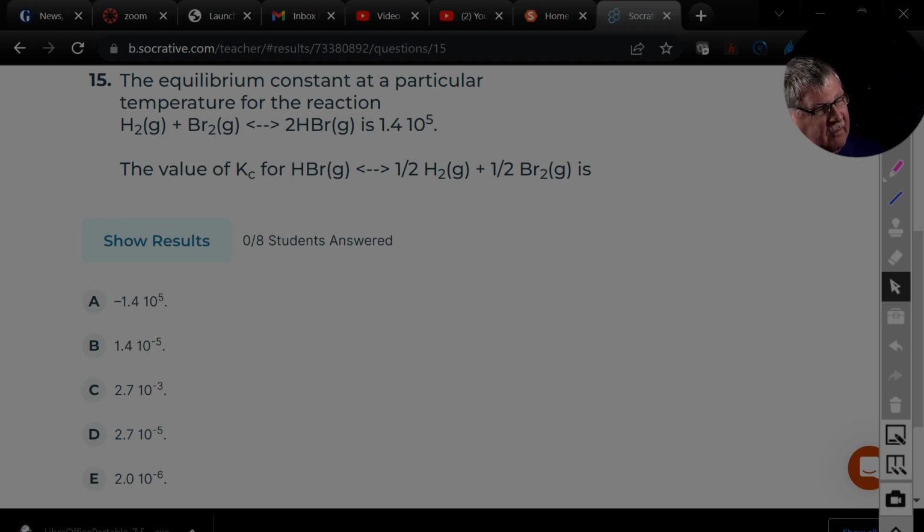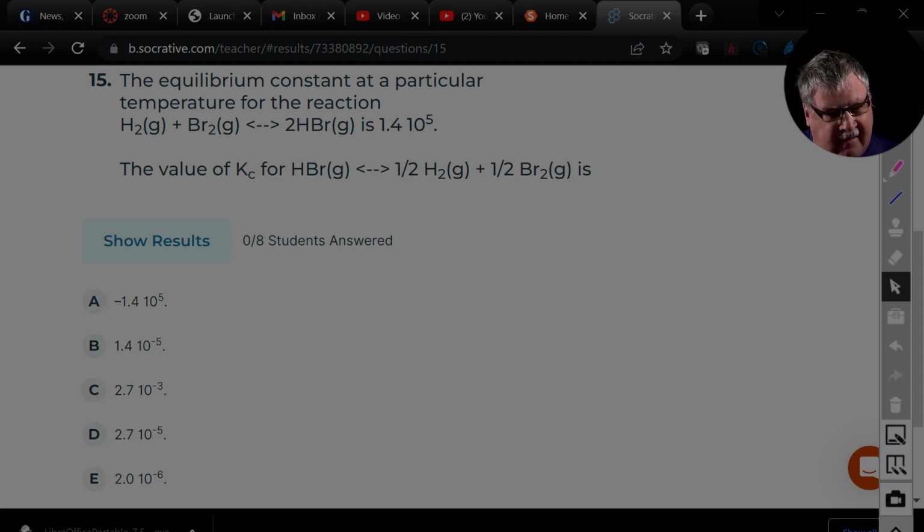Do we flip it or do we multiply it by 2 or divide by 2? That's correct. And there are 2 in the first. So that means we're going to divide by 2, right? At least you can see the factor 2. That's good. So how do we deal with that in terms of equilibrium constants?